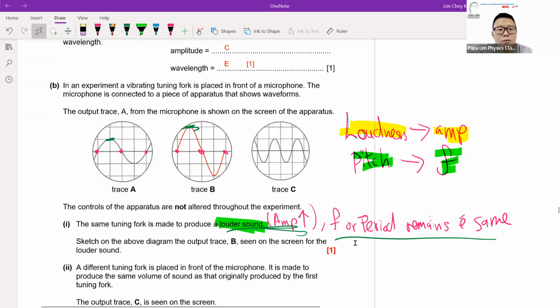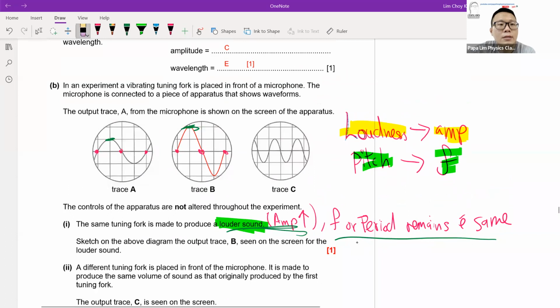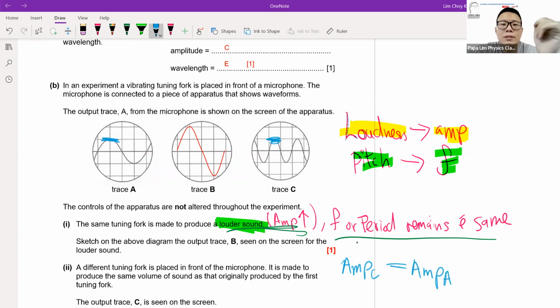Trace C, take note. The common thing for trace C: the amplitude is the same, which is at 1 square here. So straight away you can see that the amplitude of trace C and the amplitude of trace A are the same. The only slight difference is the period.